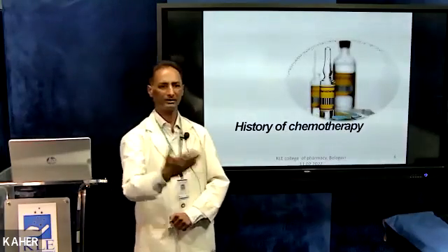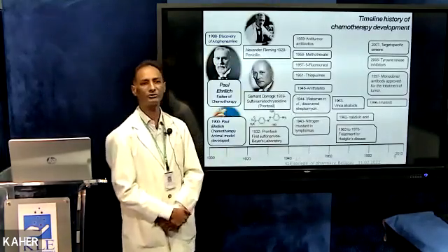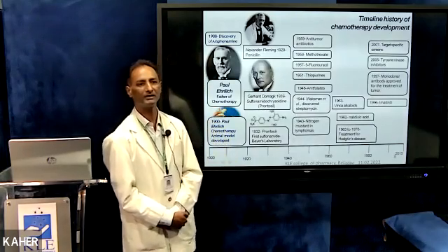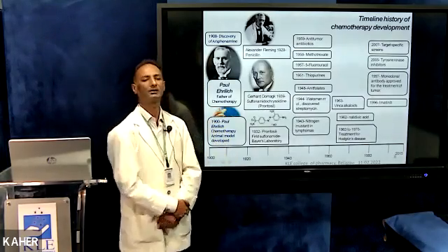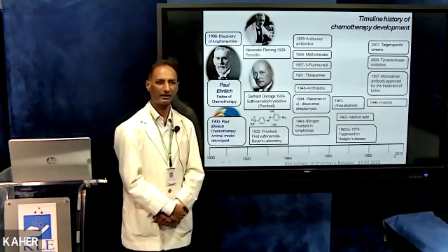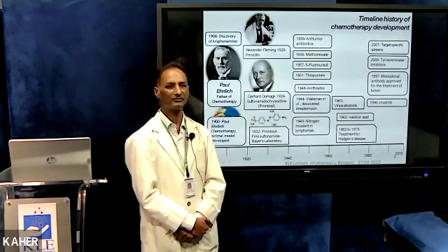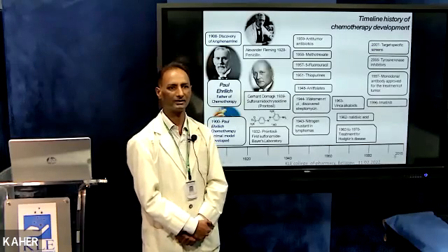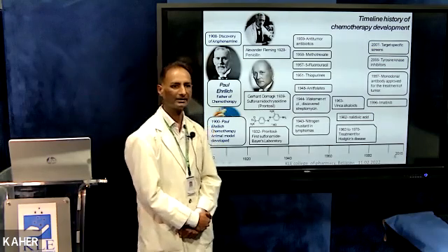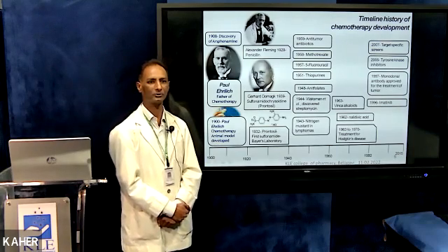Coming to the history of chemotherapeutic agents, it is a big evolution. The genesis of chemotherapeutic agents started in the early 19th or 20th century. In 1908, Paul Ehrlich, said to be the father of chemotherapy, discovered one of the antimicrobial agents, the arsenic-based amines, and he also developed the animal model for the study of these agents.